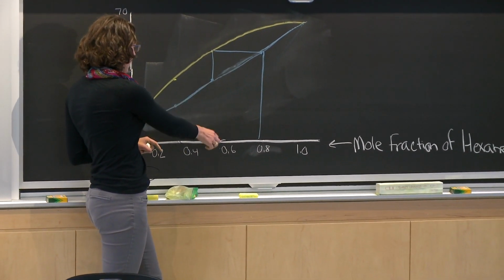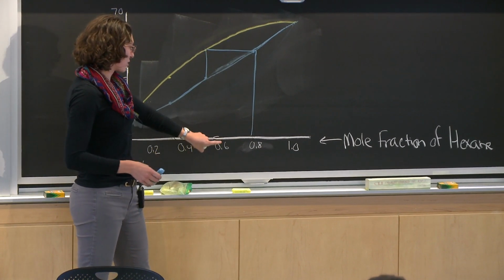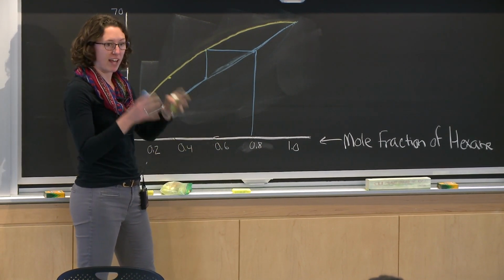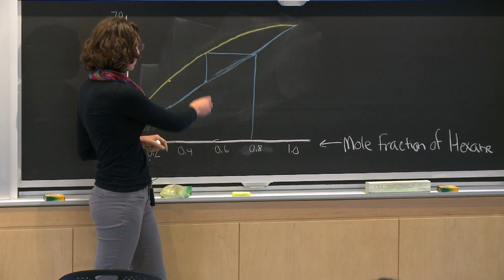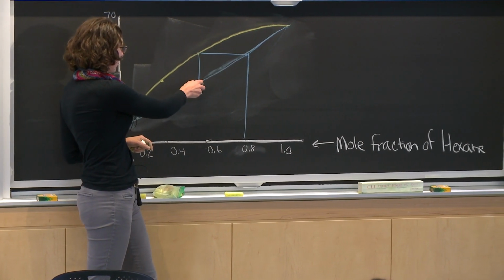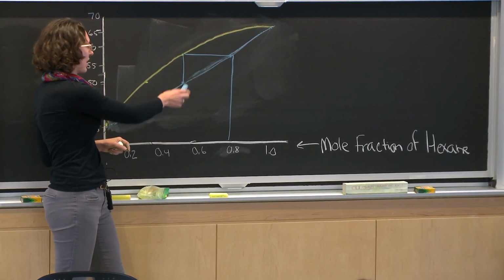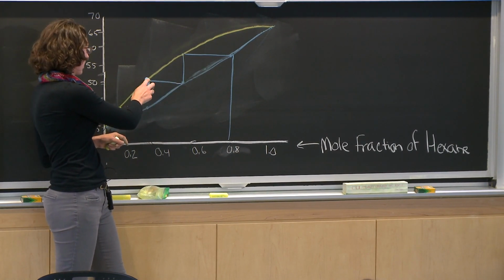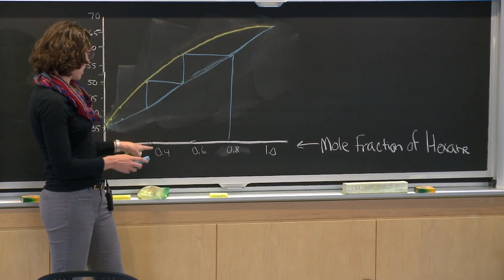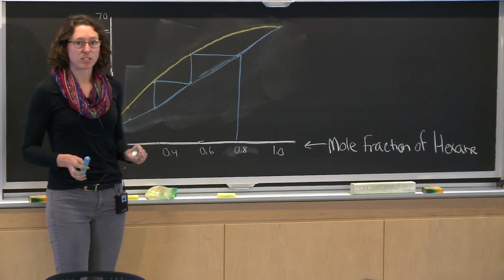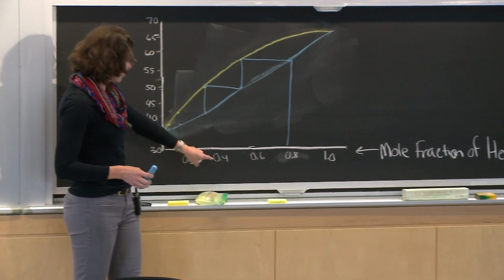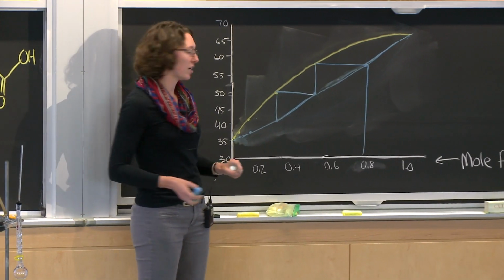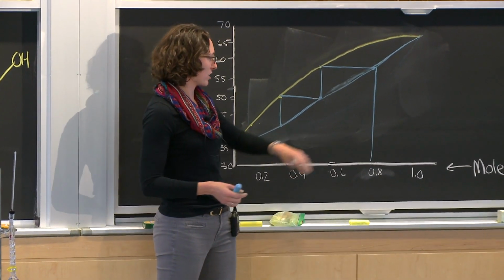If we take a starting mixture that has about half and half hexane and pentane, and we heat that up to its boiling point, which is now going to be lower because it has a higher fraction of pentane in it, and we cool it down at the same temperature and then recondense it to the liquid phase, now our mixture has a little less than 0.4 mole fraction of hexane.